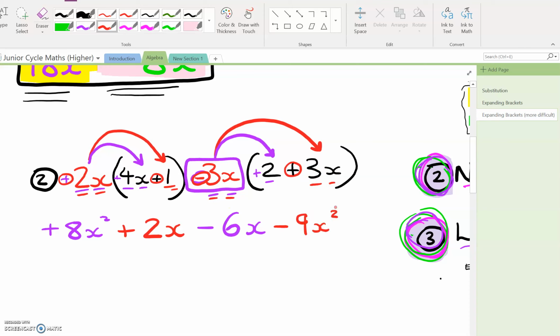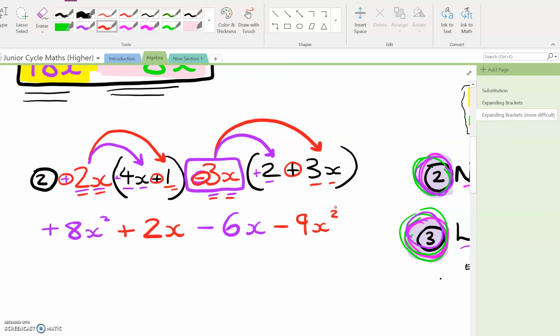Okay, let's get our highlighter and see if we can find like terms. So, what do I have to begin with? I have 8x squared. Let's highlight that in green. Are there any other x squareds? No. Yes, there's an x squared down here. So I'll highlight that.